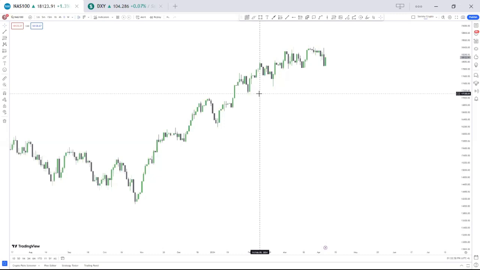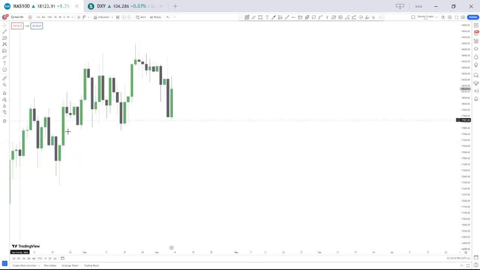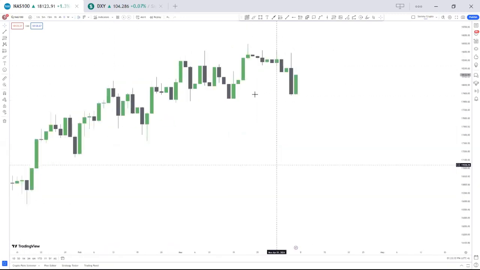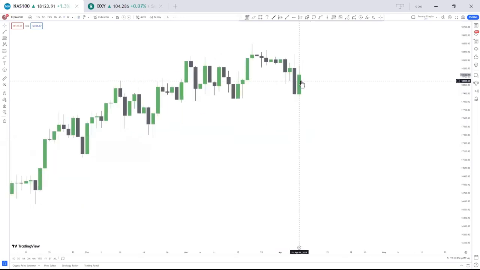You use the 4 hour time frame or any time frame higher than that for the daily bias. You're trying to figure out the next candle. You cannot just look at these candles and figure out what the next candle will do. It's close to impossible. But you can look at the candles on the daily time frame and figure out what the next week will do. It's logical, right? You want to figure out what the coming week will do.